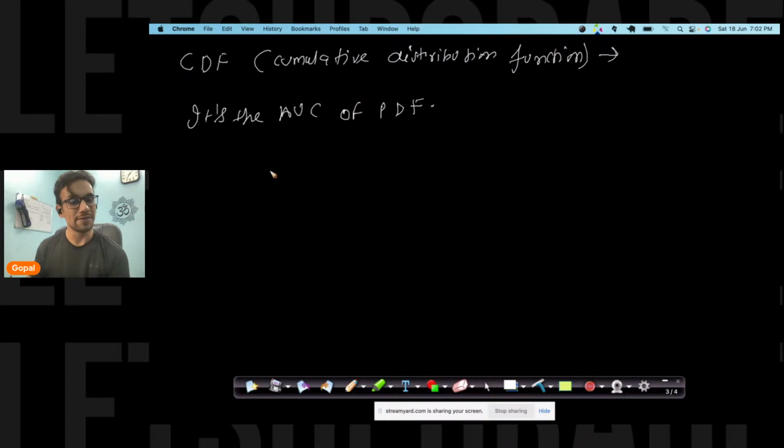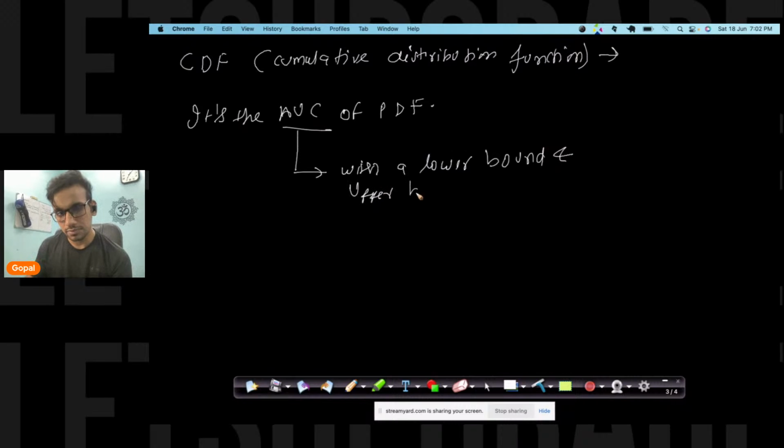In AUC, or area under the curve, how exactly do we calculate the area under the curve? Certainly with a lower bound and an upper bound, right?